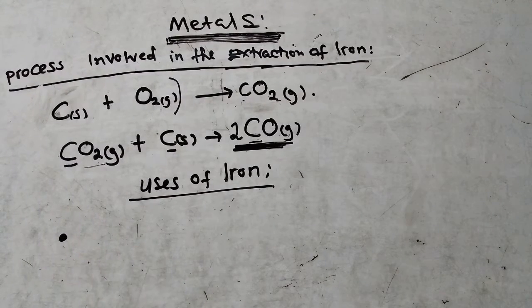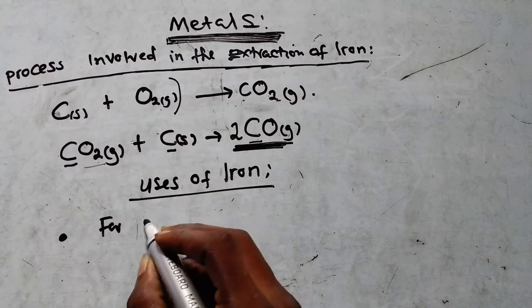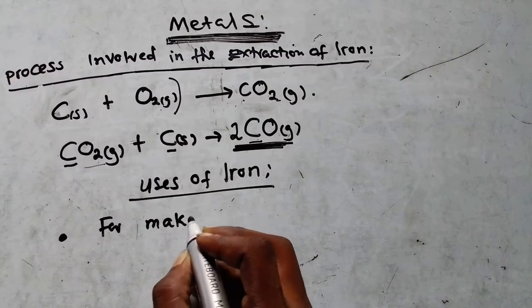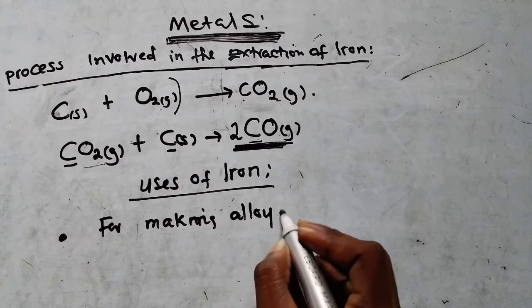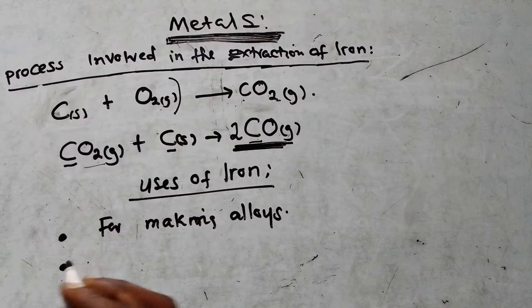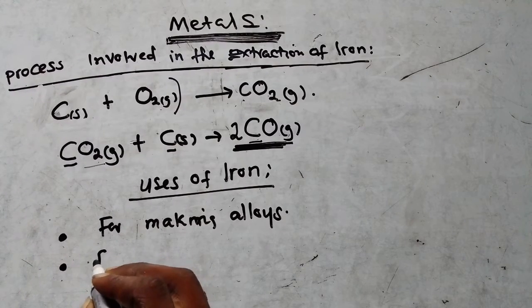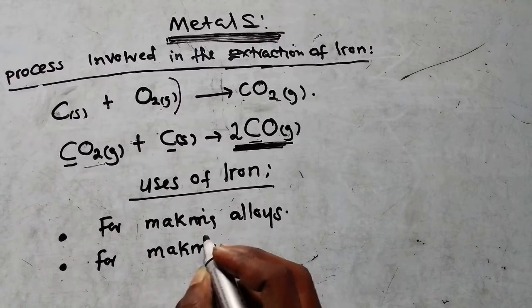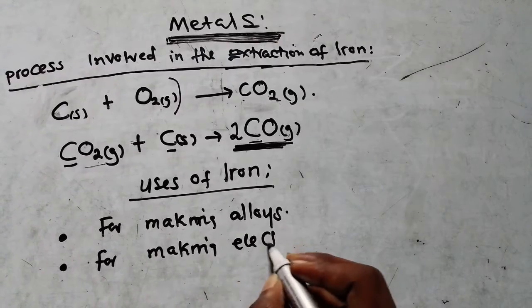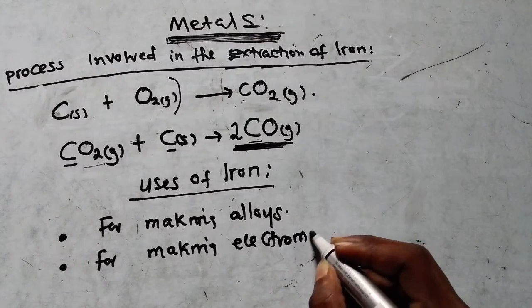The first use of iron is for making alloys. Second is for making electromagnets.